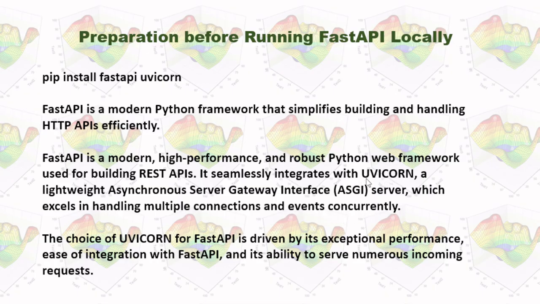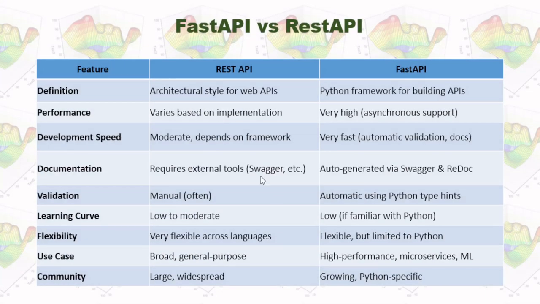So basically, we use this UVCron to run our web server. The choice of UVCron for FastAPI is driven by its exceptional performance, ease of integration with FastAPI, and its ability to serve numerous incoming requests. I think most of the people know REST API.